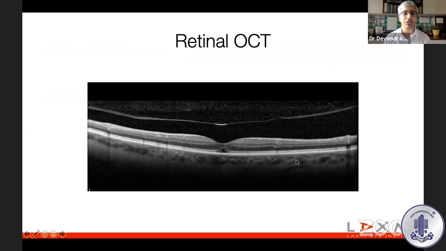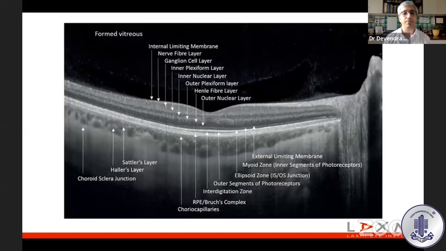So we're all familiar with the picture of a retinal OCT. We'll be going through a few of the scans. This is predominantly for general ophthalmologists so that we can all understand how to interpret an OCT. And with today's machines, which have higher and higher axial resolution, you can really get all those 10 layers and probably more of the retina that we used to study in our post-graduation days, and which we found so hard to memorize and remember.